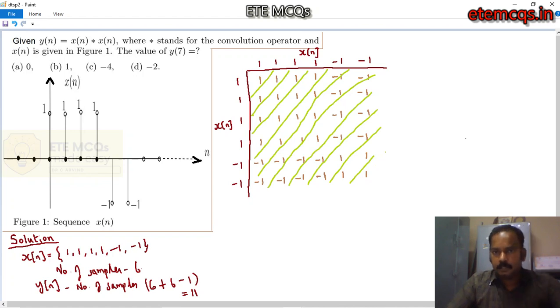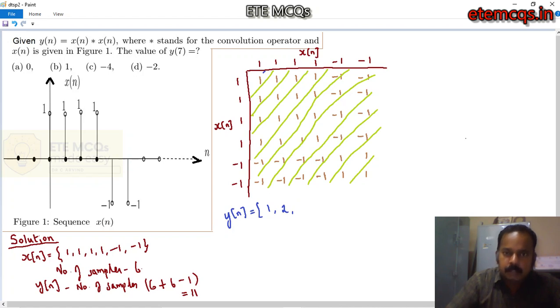Once you section it, you can take all the 11 samples directly from the table. So let me write it in discrete form as y of n is equal to: the first sample is from the first section, which gives you 1. The second one gives 1 plus 1, which is 2.